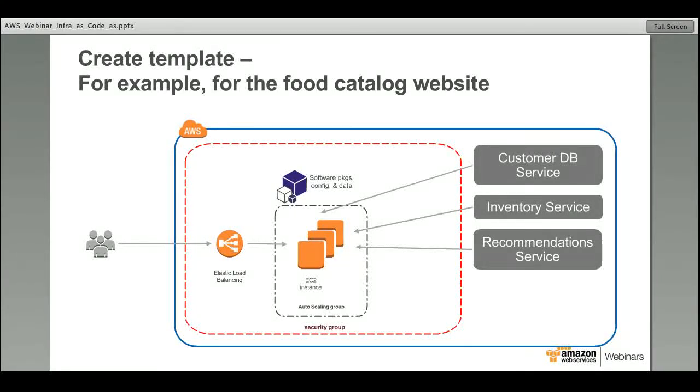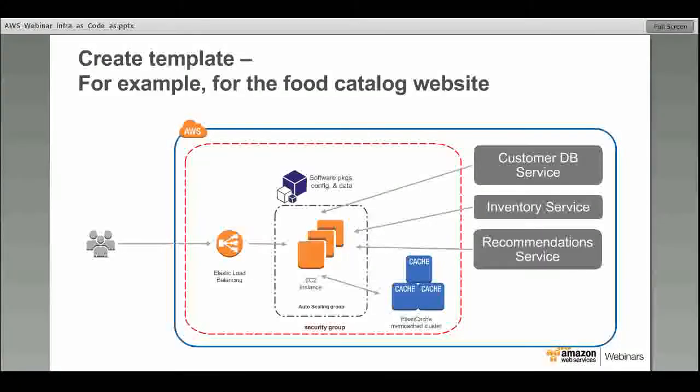You have to publish the URL or the DNS entry for this application for the outside world to reach that application. And then you can do further optimizations like adding an ElastiCache cluster to reduce the load on the databases by caching, or adding CloudWatch alarms to ensure that if something goes wrong, you get an alarm. And all of these things can be modeled in a CloudFormation template.